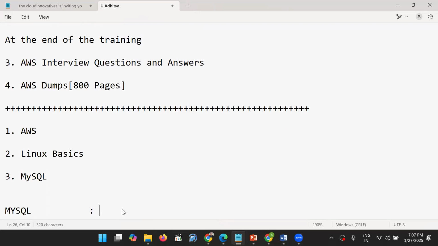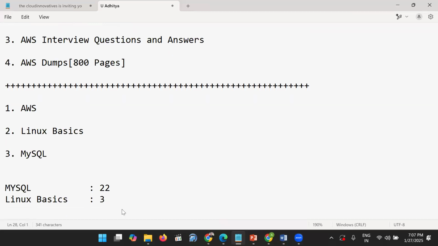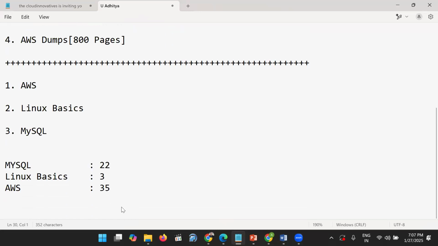MySQL concepts take around 22 hours. Linux basics, only a few I have to discuss, 3 hours. And the AWS, I can cover in 35 hours. In total, we need to spend 70 hours to complete this training program.